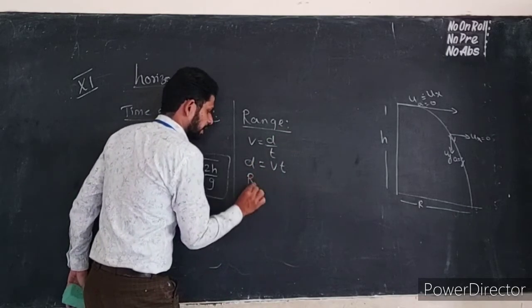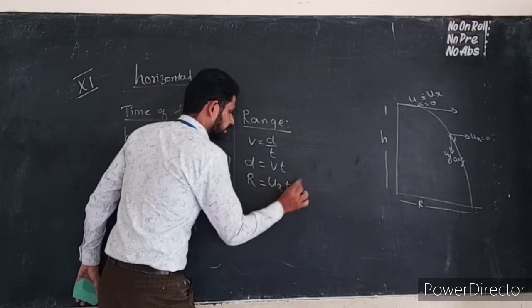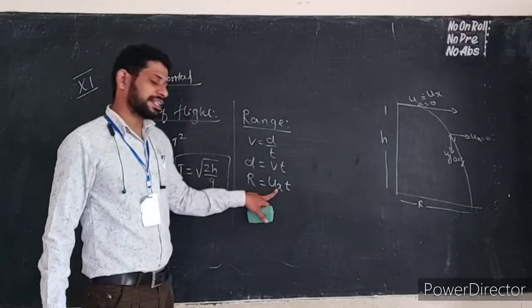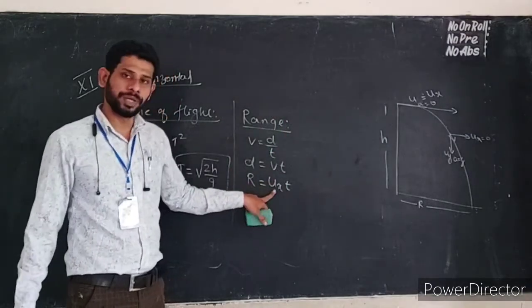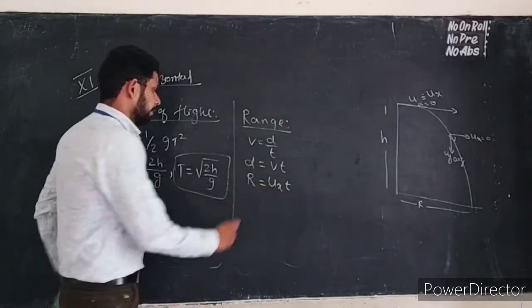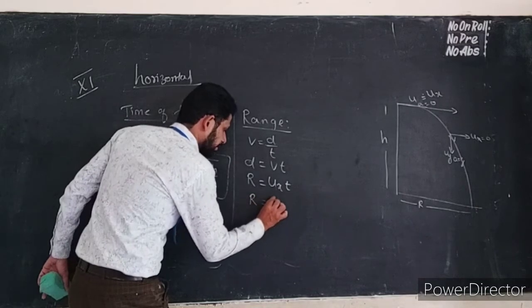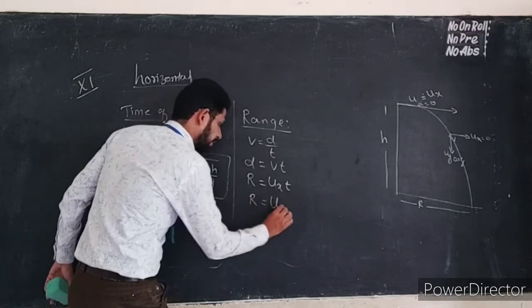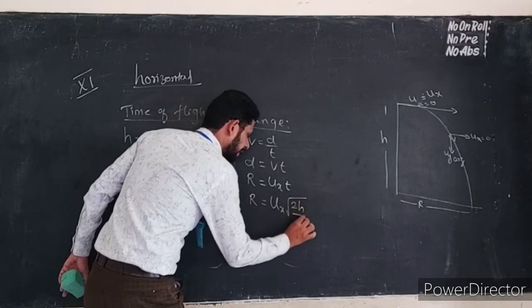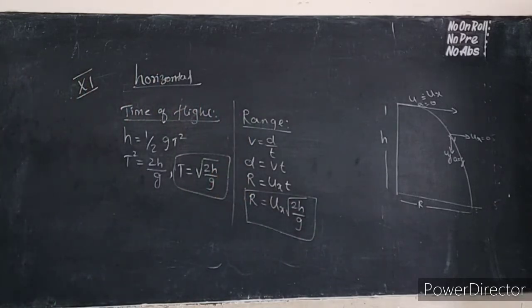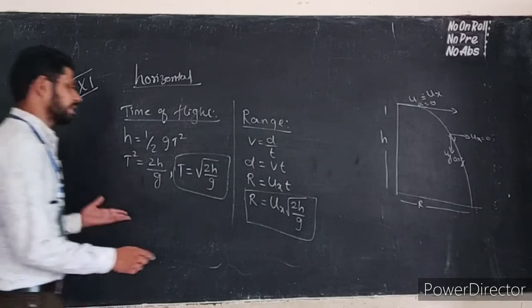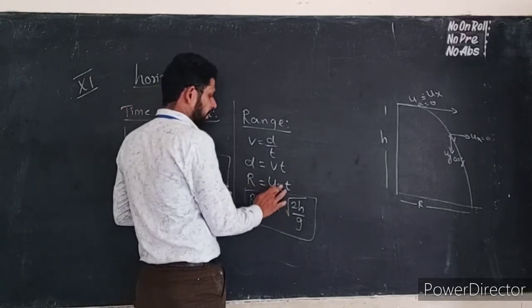So the range will be equal to ux into t. ux is nothing but your initial velocity in the horizontal direction. That's why we are taking ux and the time of flight. So our range will be equal to ux into root of 2h by g. This is the distance covered by the object to reach the ground. You can also take it as the initial velocity or the velocity of the object.